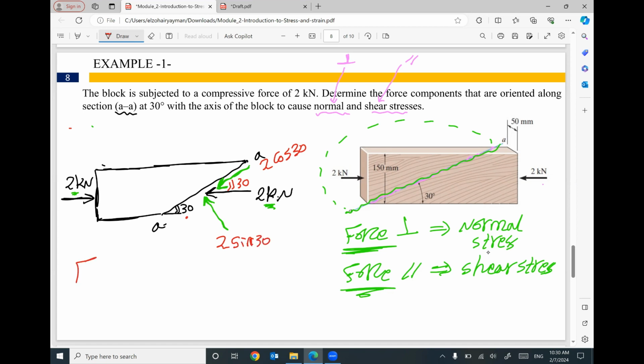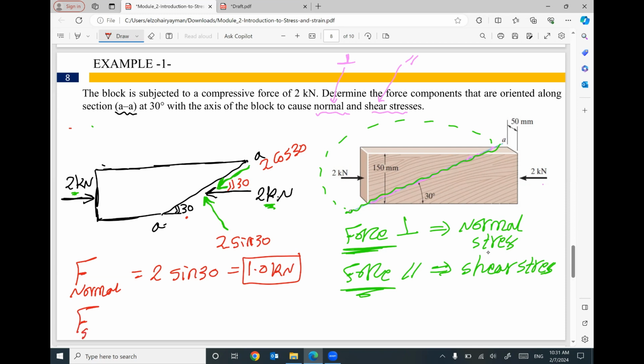So the force that will cause normal stress will equal 2 sine 30, which is 1 kilonewton. This force will cause normal stress.